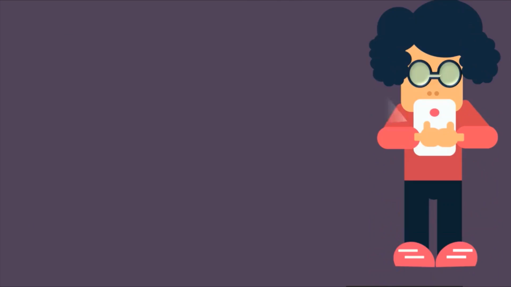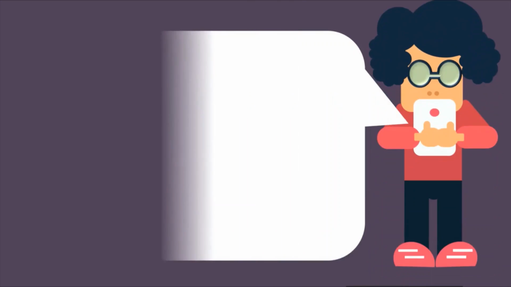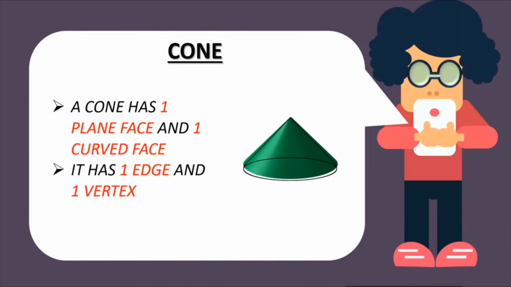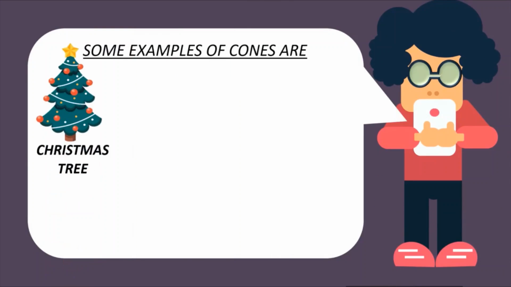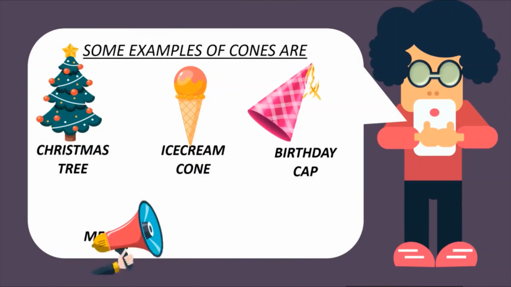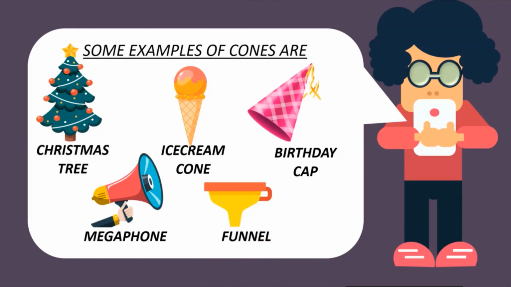Next is a cone. A cone has 1 plane face and 1 curved face. And then it has 1 edge and 1 vertex. The examples of cones are a Christmas tree, an ice cream cone, a birthday cap, a megaphone, a funnel.